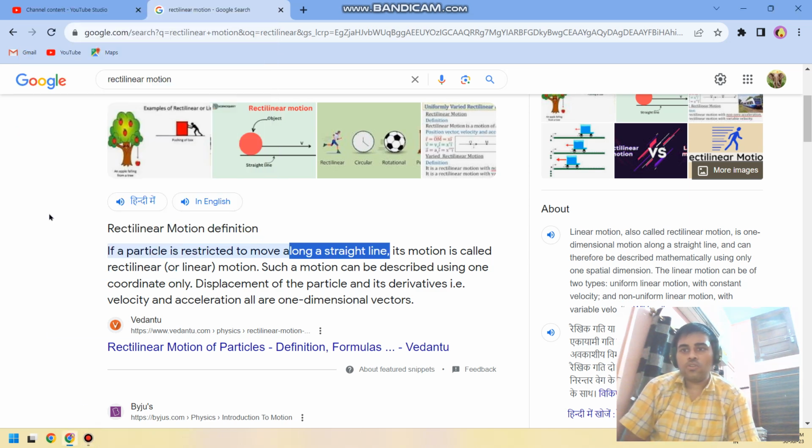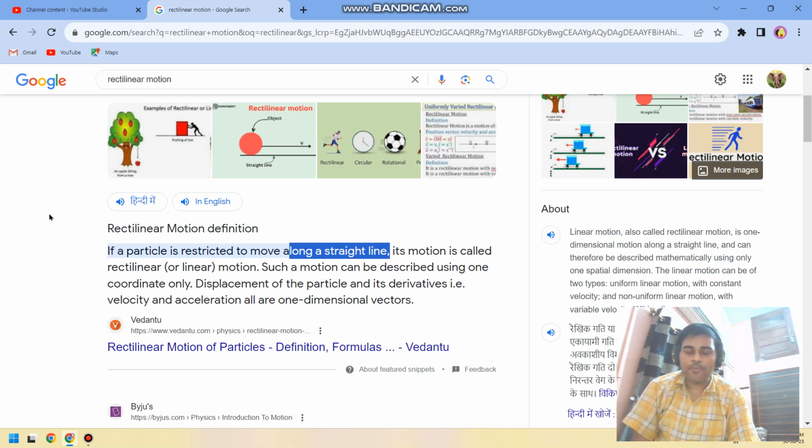First thing you should understand is that there is not a fixed number of types a particle can move. A particle may have its own consciousness and it may move like anything, but it should move in a straight line. That is the definition of rectilinear motion.